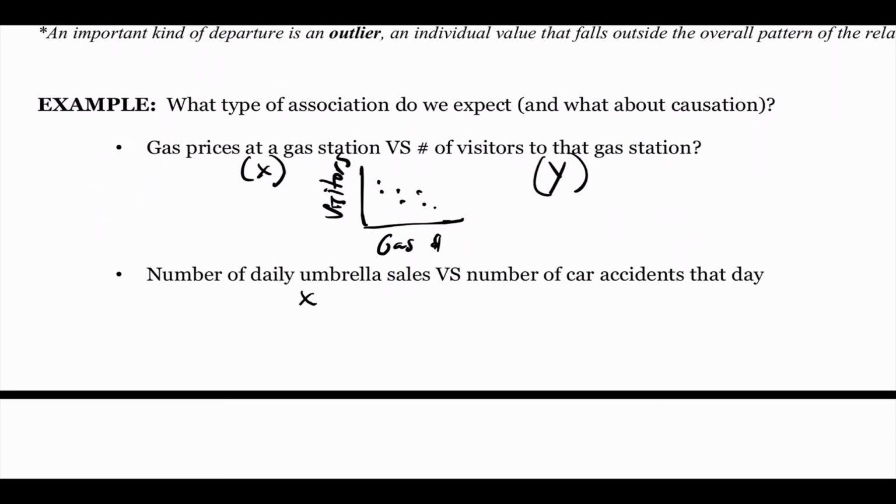So let's say this is X and this is Y. So number of umbrella sales and number of car accidents.